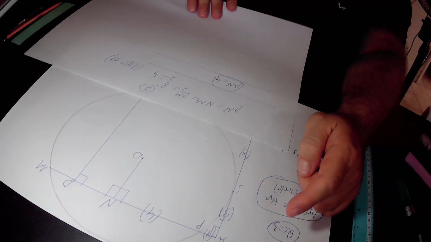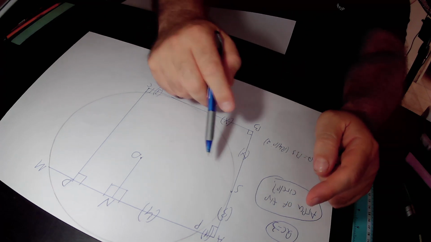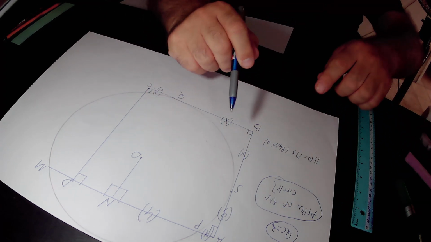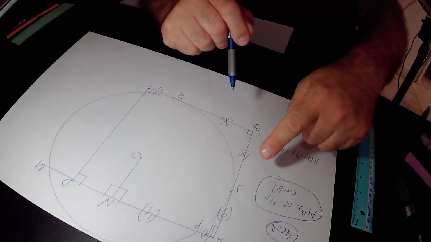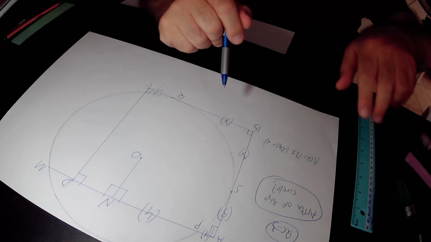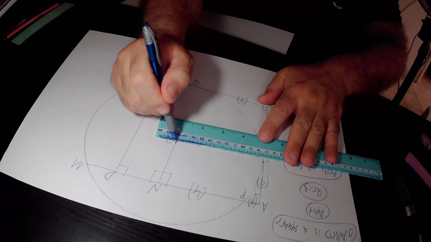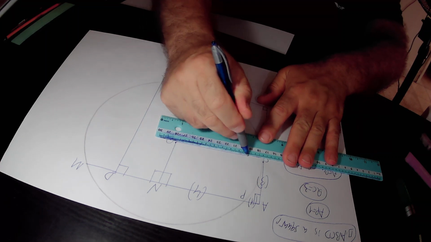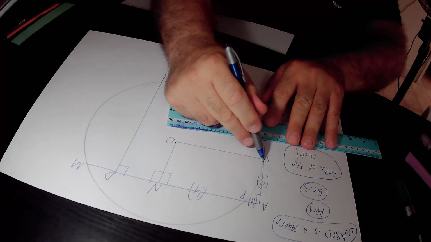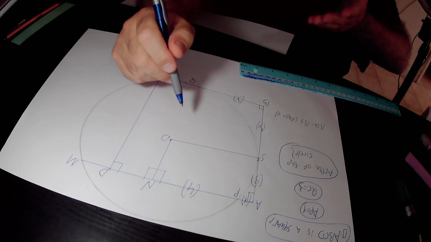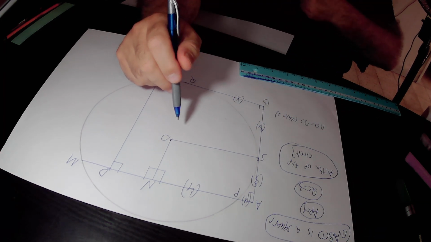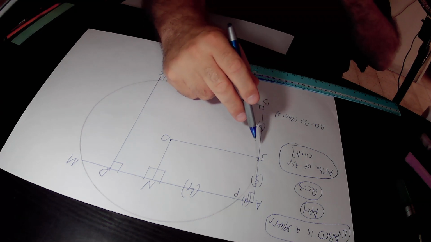In the next step, we join points O and S together by a straight line. Point S is the point of tangency of tangent AB with this circle. Point O is the center of the circle. Point S is the point on the circle itself.